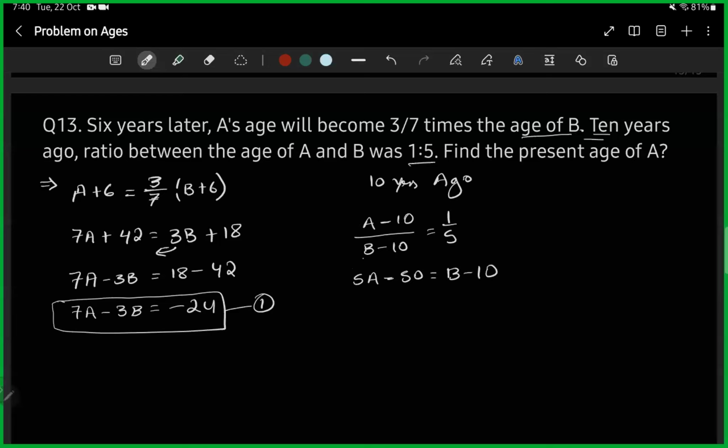You reduce this one step further, and this gives you 5A, take this B to the left hand side, minus B equal to minus 10, and this minus 50 goes to the right hand side and becomes plus 50. So 5A minus B equal to 40. This is our second condition.